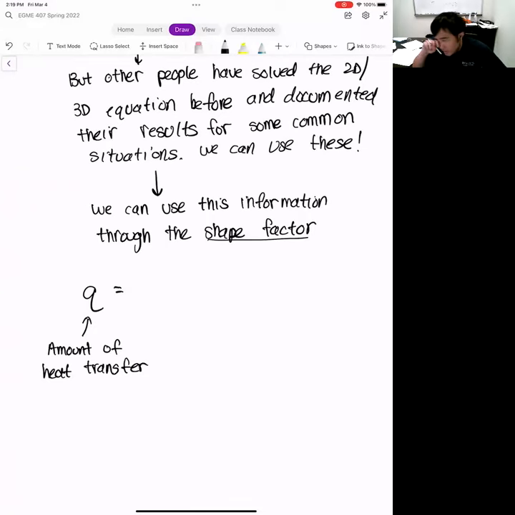So I think I've kind of loosely said heat transfer just by itself, but in particular, we're looking at heat transfer rate. Okay, this is going to be equal to S. Okay, S being our shape factor, multiplied by K. K is our thermal conductivity, multiplied by the temperature difference between point 1 and point 2.